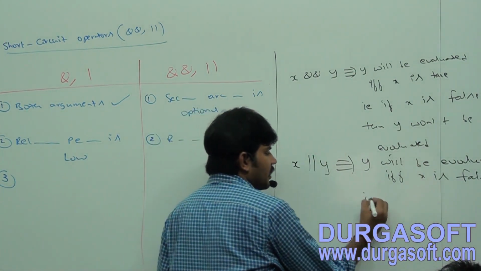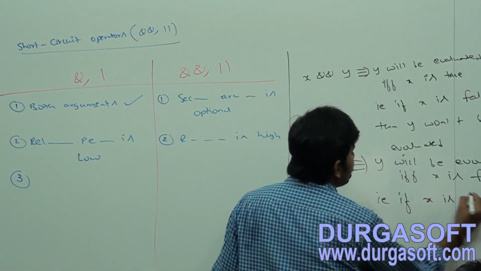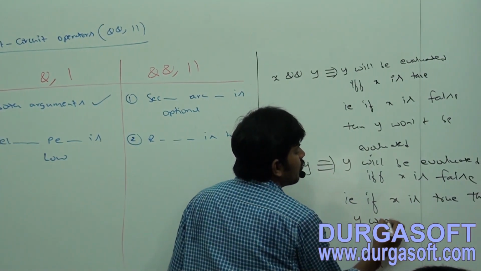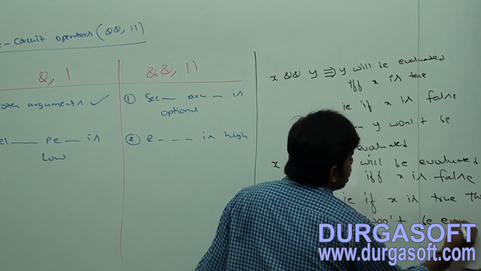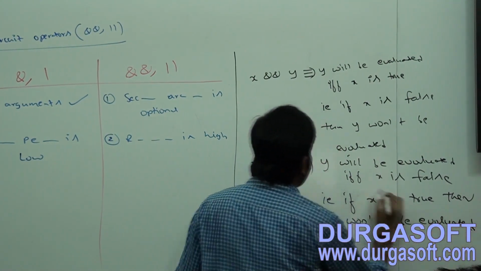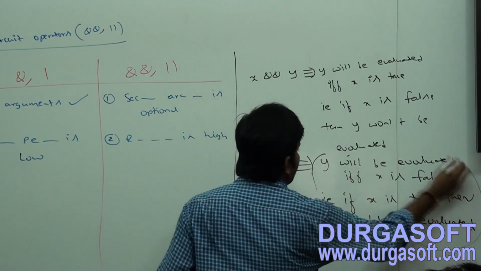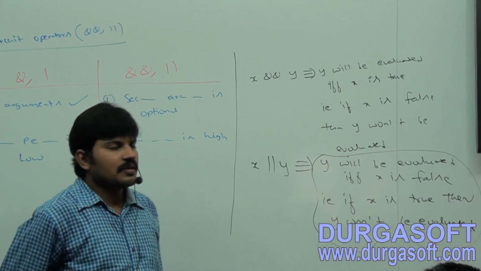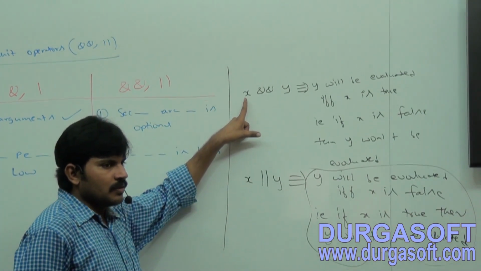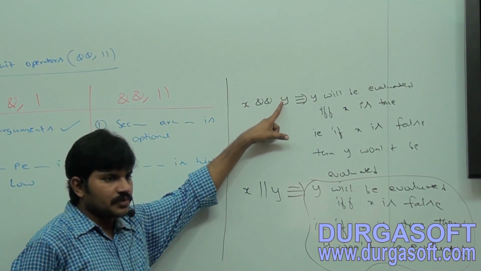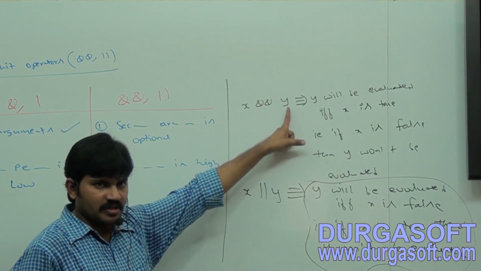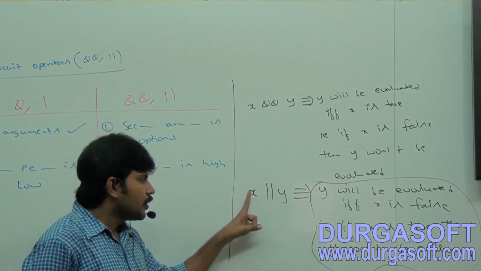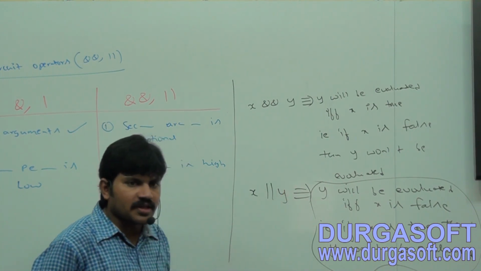That is, if X is true, then Y won't be evaluated, right? Now the terminology is clear. For AND, if X is true, then only Y will be evaluated; if X is false, then Y won't be evaluated. For OR, if X is true, then Y won't be evaluated; if X is false, then only Y will be evaluated.